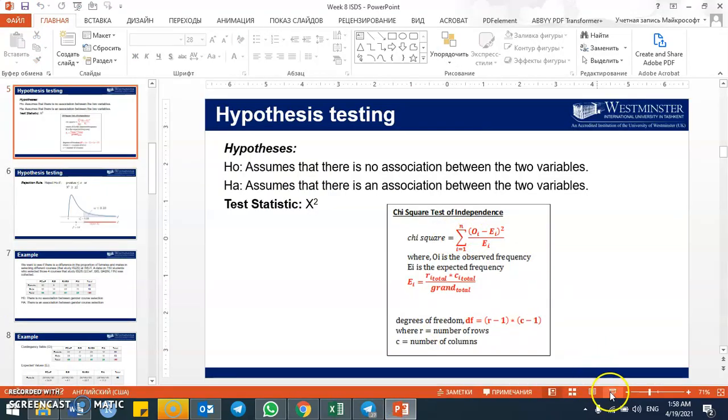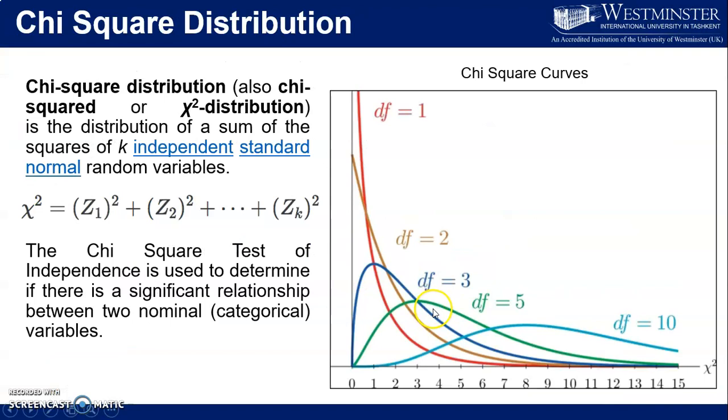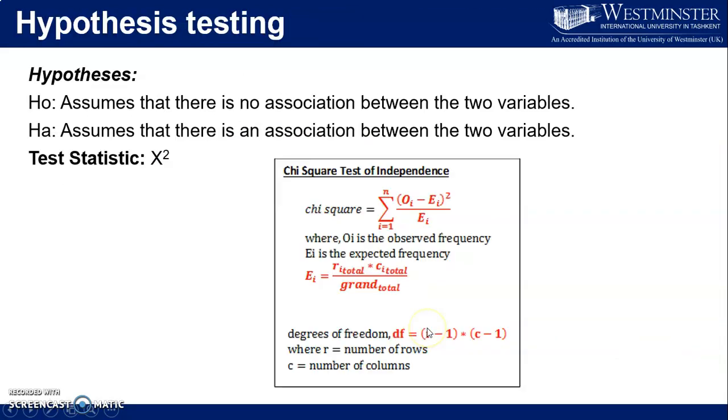The chi-square distribution, as we said, is the sum of several z squares. So this also follows the same chi-square, and this formula allows us to find the chi-square, which we are going to calculate again.